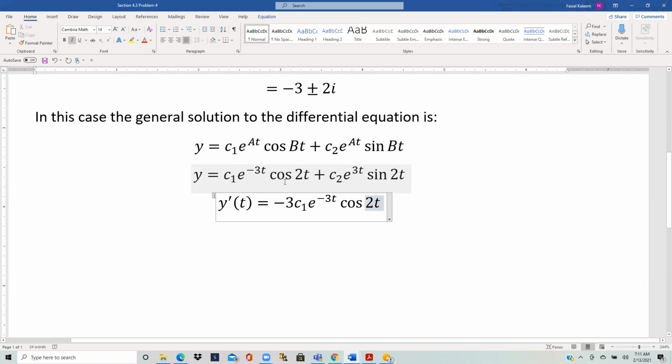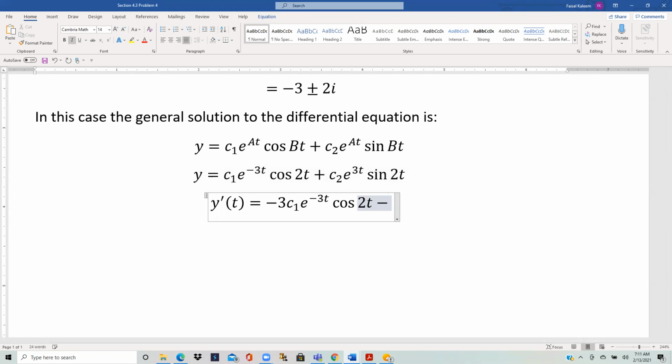And then you keep the first function, plus c1 e to the -3t, and you take the derivative of cosine 2t, that's -2 sine 2t, so that will give you negative.